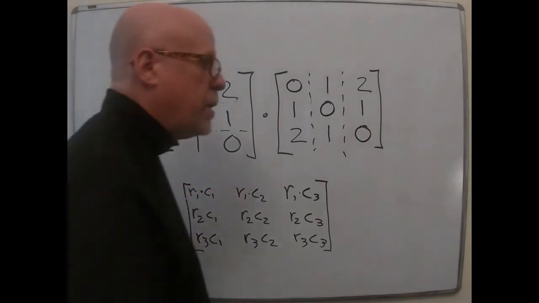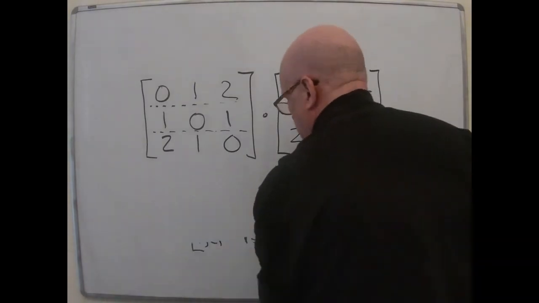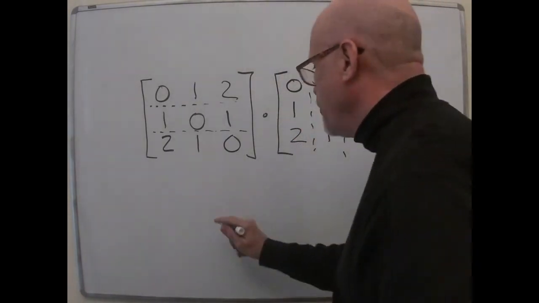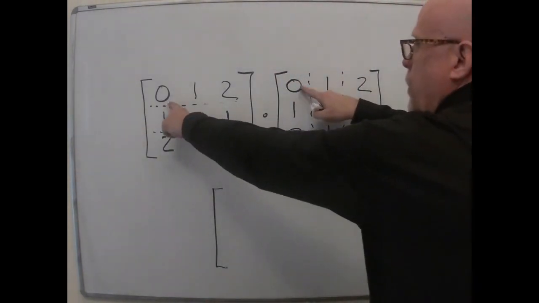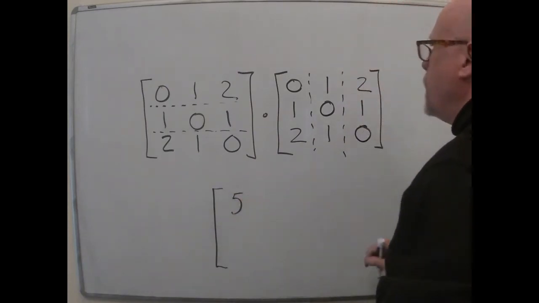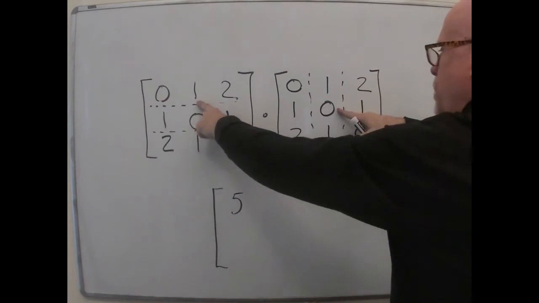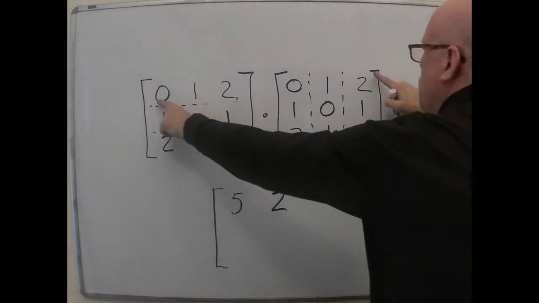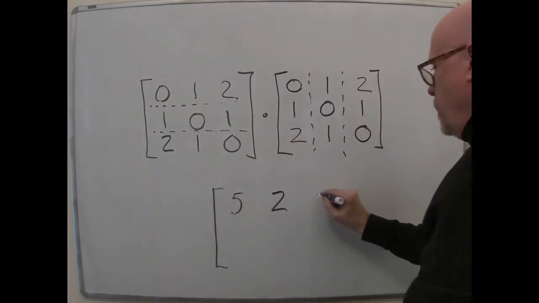Why don't we go ahead and actually compute, though? What do we get when we dot or scalar product the rows with the columns of this thing? 0 plus 1 plus 4, that's a 5. 0 plus 0 plus 2, that's a 2. 0 plus 1 plus 0, that's a 1.